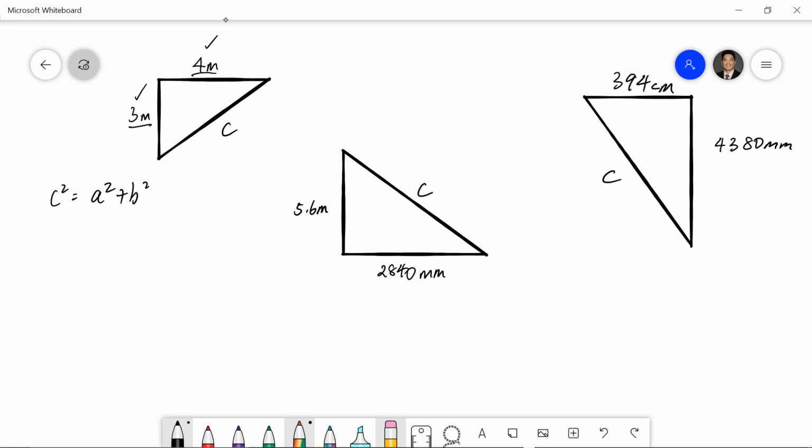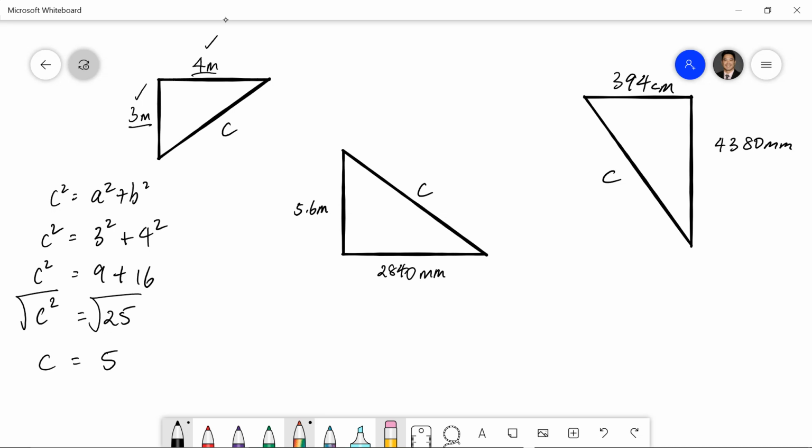So a is 3 squared, b is 4 squared, and we are working out what c is. 9 plus 16 is equal to 25. Then to work out c, the same as in previous videos, we square root both sides, and c is going to equal 5.